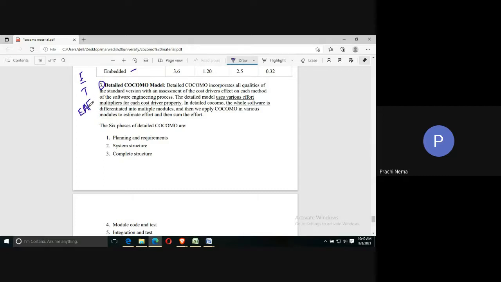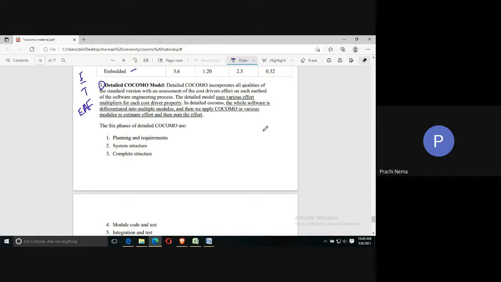And in detailed, they have even extra information, which uses various effort multipliers for each cost driver. So for each cost driver which we had in intermediate, they have even more information, that is the effort multiplier. And the whole software is divided into multiple modules, then we apply COCOMO.